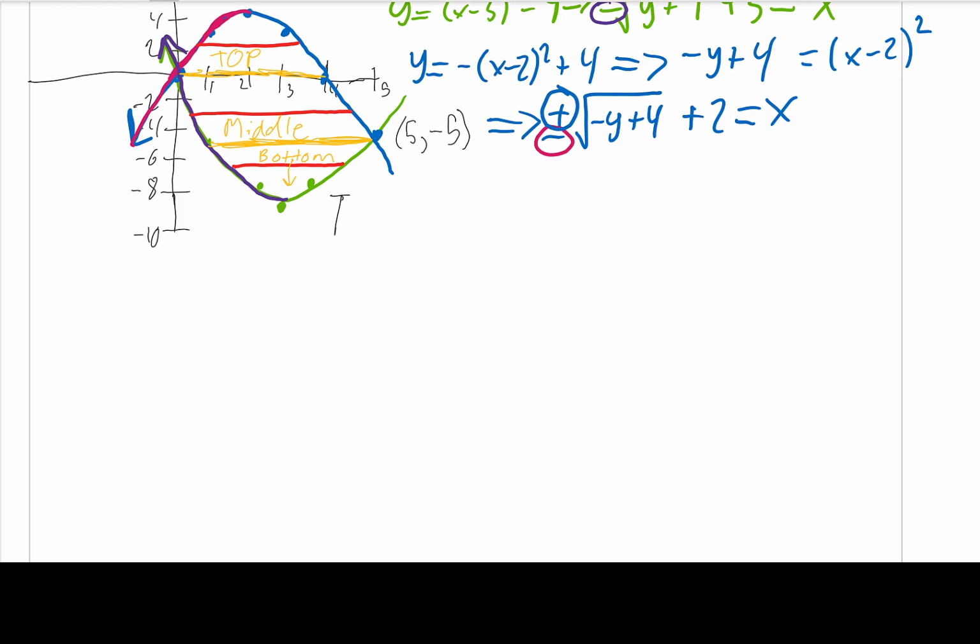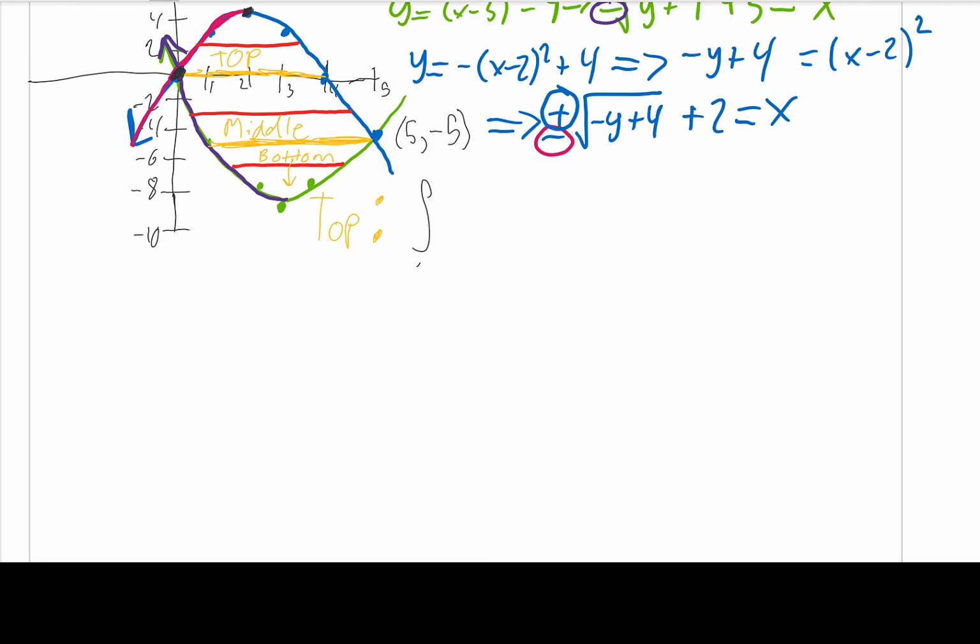So our top, let me use this color. This is going to be given by the integral from, so let's see, this y value is 0, and the top y value is 4.